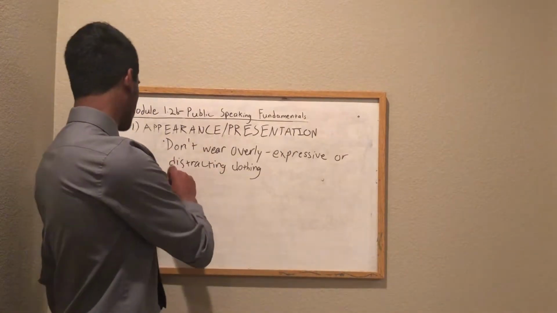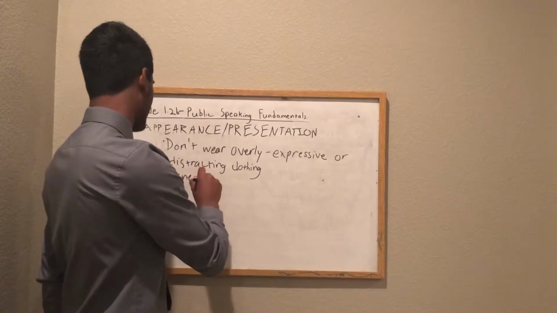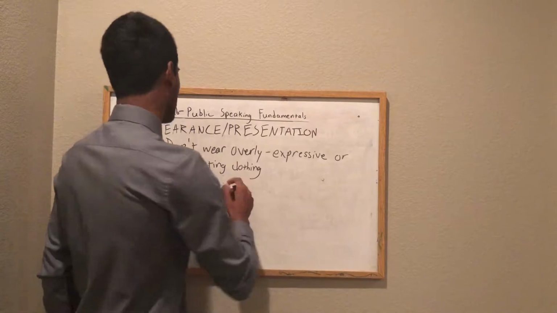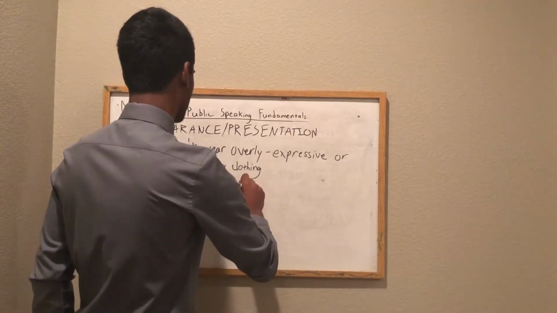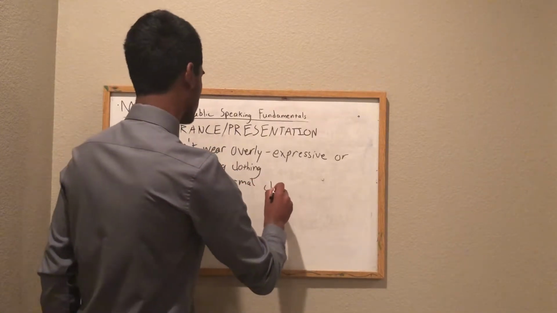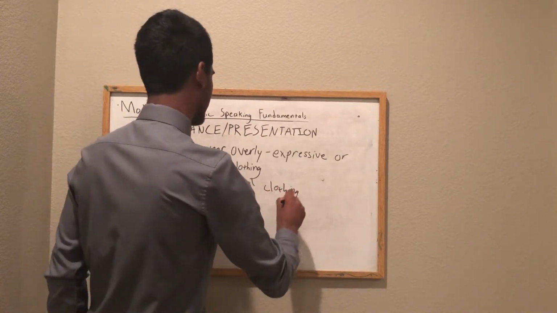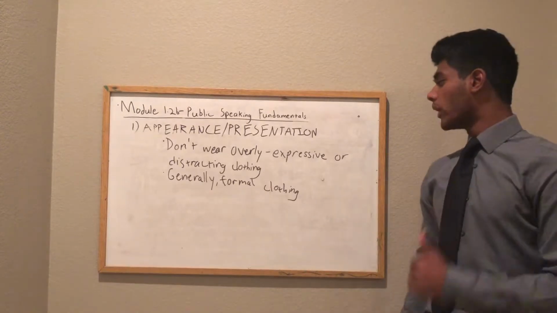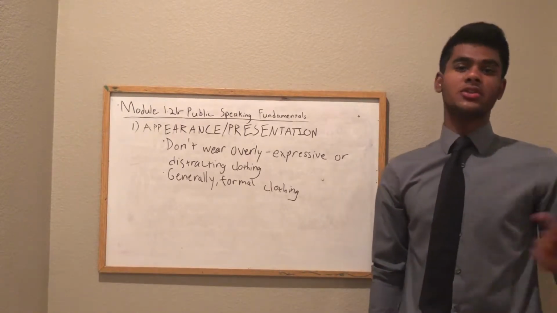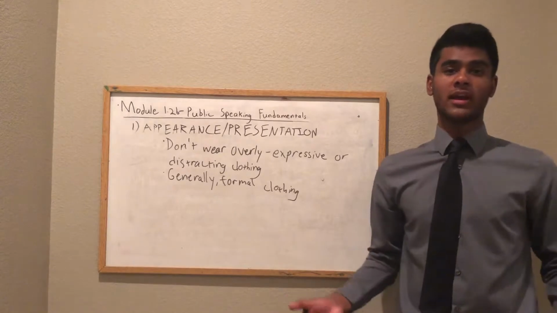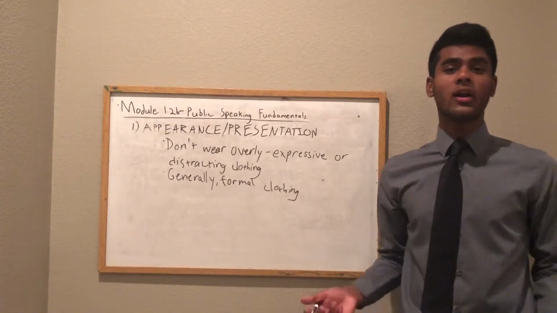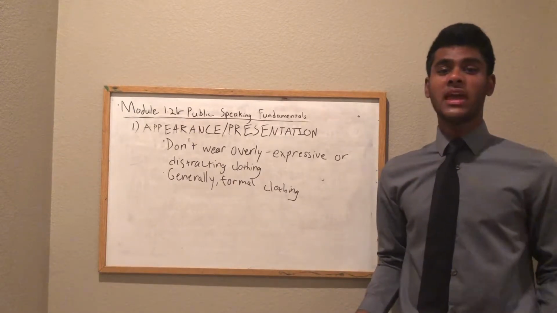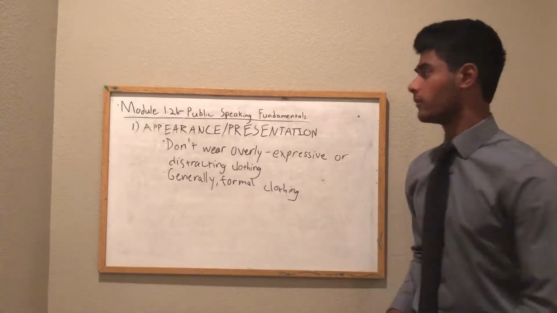So generally, formal clothing. All right, so hopefully you can see that. Just to go over, don't wear overly expressive or distracting clothing, and generally you want to wear formal clothing. So clothing that, again, doesn't distract your audience, and clothing that allows your audience to focus on your speech and what you're saying rather than what you're wearing.